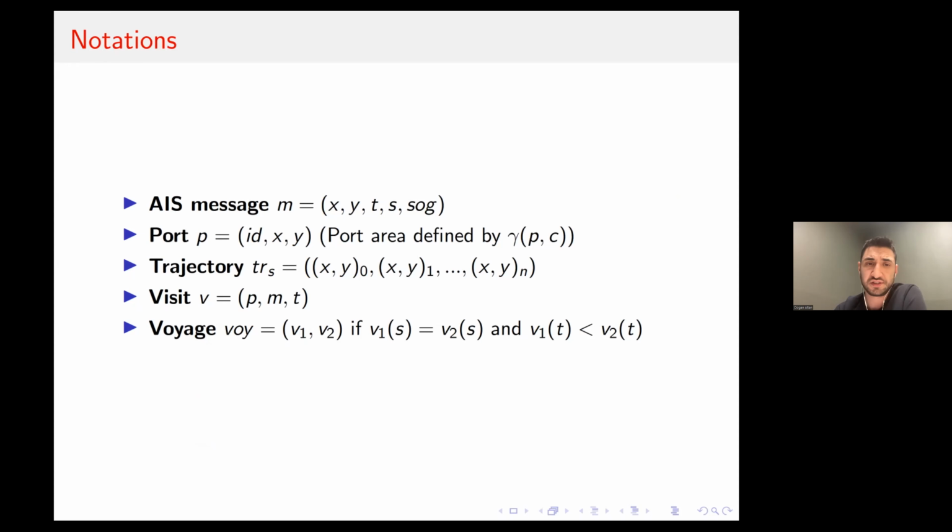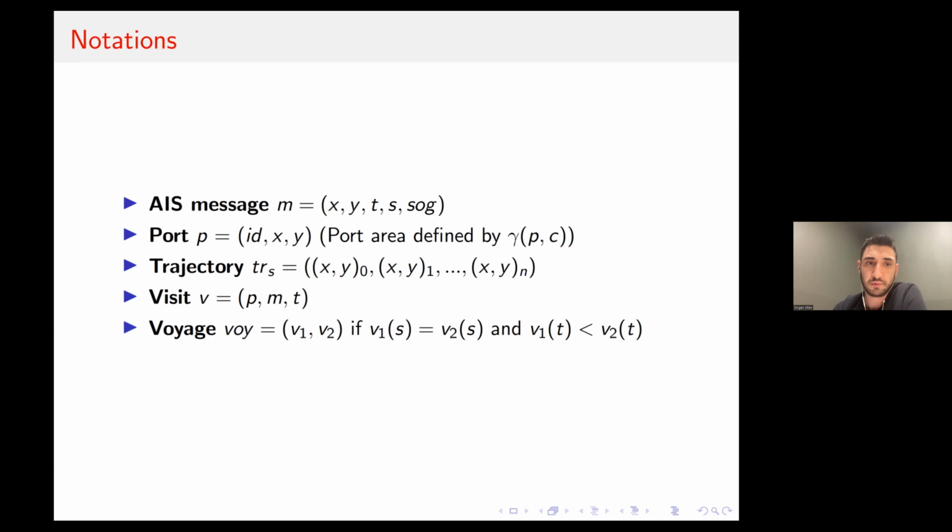So we have, as a result, the trajectories of these vessels. A trajectory of a vessel is an array of these locations that are transmitted sequentially. And a visit represents the existence of a vessel in a port area. So again, we have the port information, the message that has been taken on that visit, and the timestamp of it.